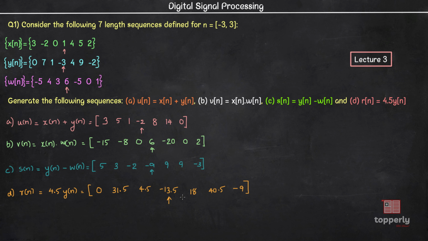So this is our sequence r of n. Thus we have found the sequences u of n, v of n, s of n and r of n. That completes our first question.